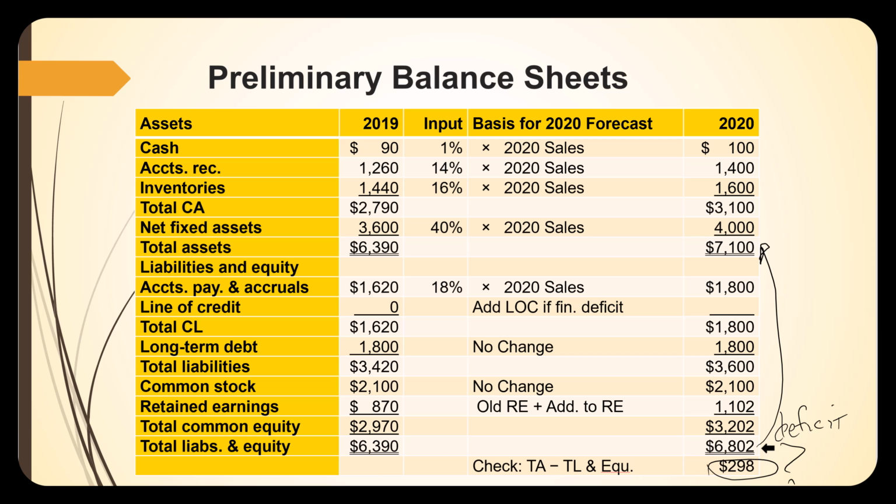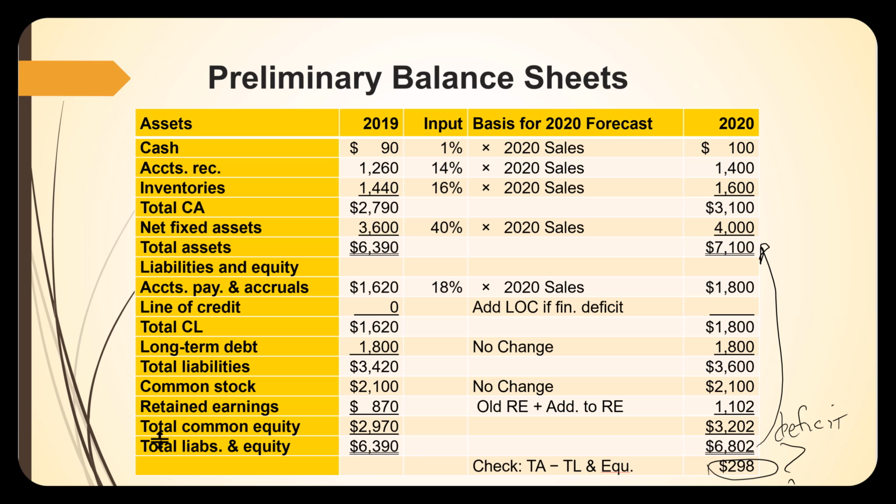In this case, we need $7,100 worth of assets to run next year, and we have $6,800 to buy the assets to do that. What that says is we don't have enough. We have a deficit. We need another $298 here.